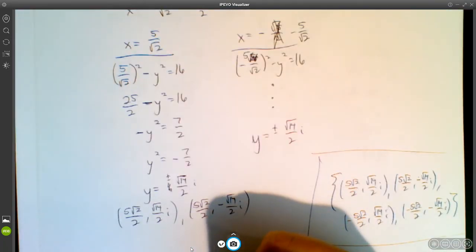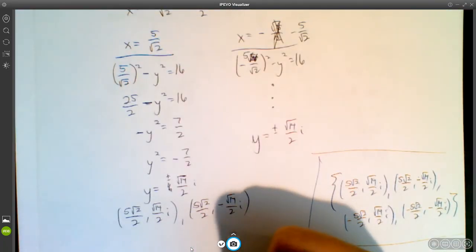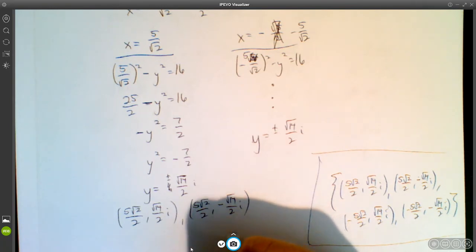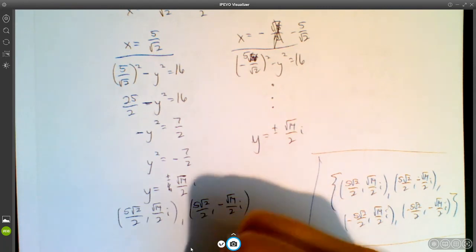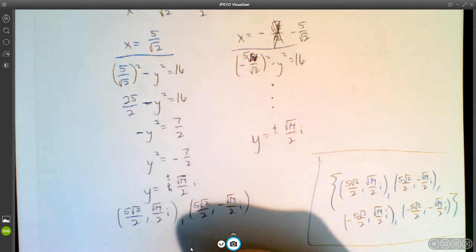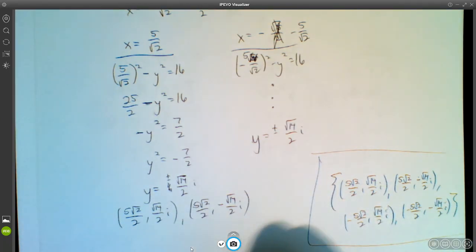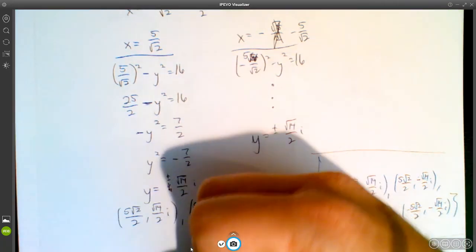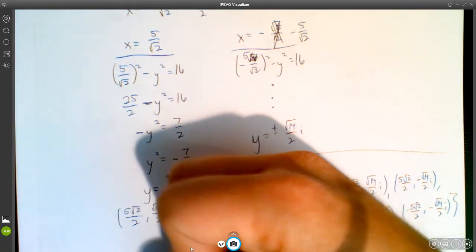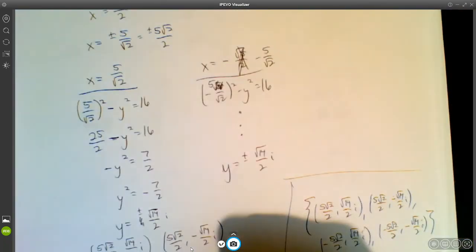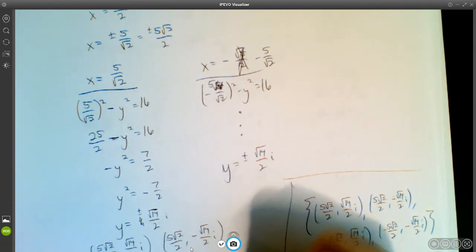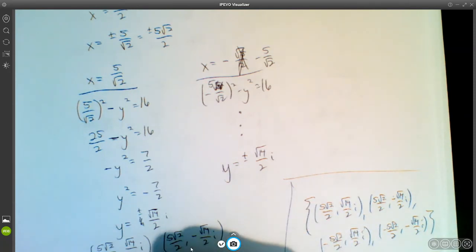So centered at 0, 0, go 1, 2, 3, 4 in each direction, and make a box out of this. Draw the diagonals of the box. And those are the asymptotes for the hyperbola. This hyperbola opens left and right. Okay, so it opens like that, and like that.